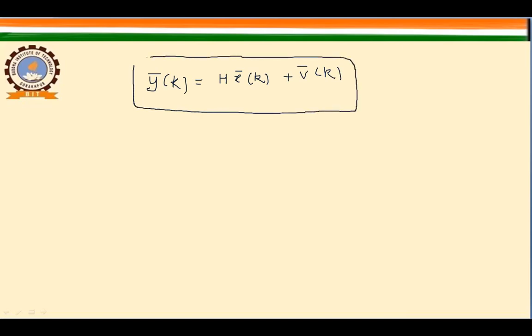After this, y bar at time k, this is the receiving symbol, this is the response of the channel, x matrix x, this is the transmitted symbol at time k, plus v bar noise, additive noise. These are the matrices.